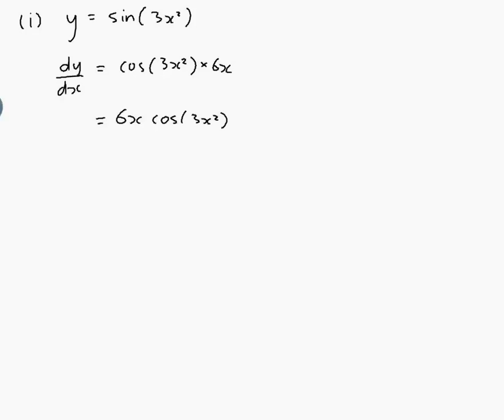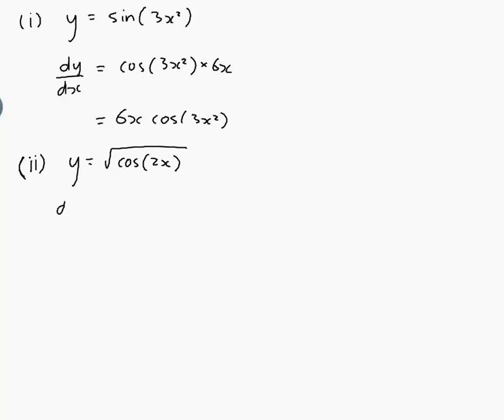Okay, number 2. y is the square root of cos of 2x. So this time I have 3 functions inside each other. I have a square root, and then I have a cos, and then I have a 2x. The chain rule works the same way, I just work from the outside in.